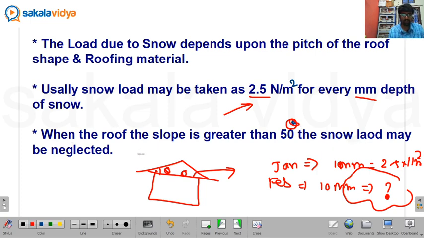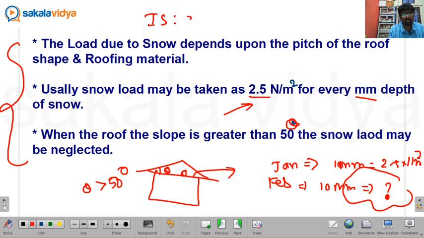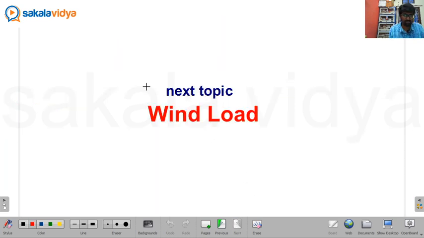So remember, if theta is greater than 50 degrees, the snow load may be neglected. You are going to get all these three important points in our IS 875 part 4.